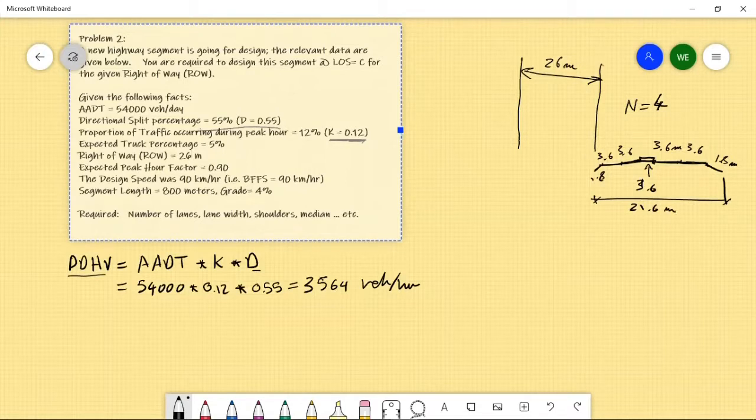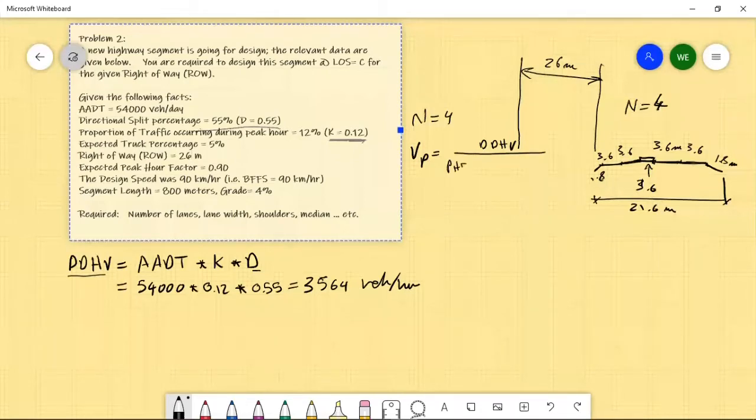So for n equal 4, let's calculate the flow rate vp. vp equals the directional design hourly volume divided by the peak hour factor, multiplied by the number of lanes in one direction, which is 2, multiplied by the factor for heavy vehicles and the factor for driver population.